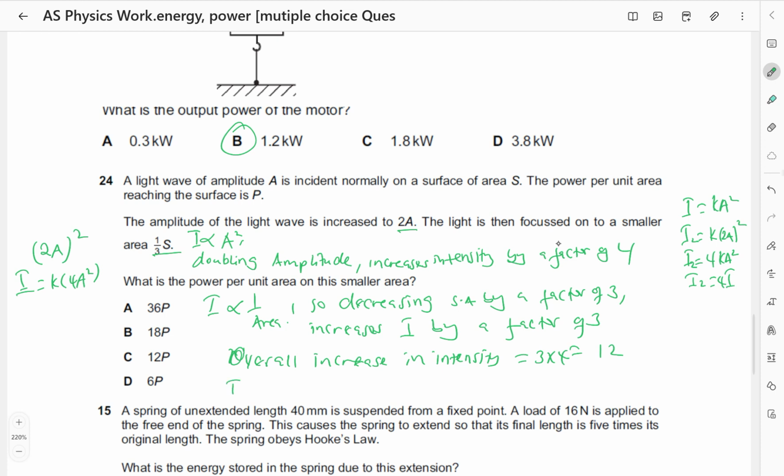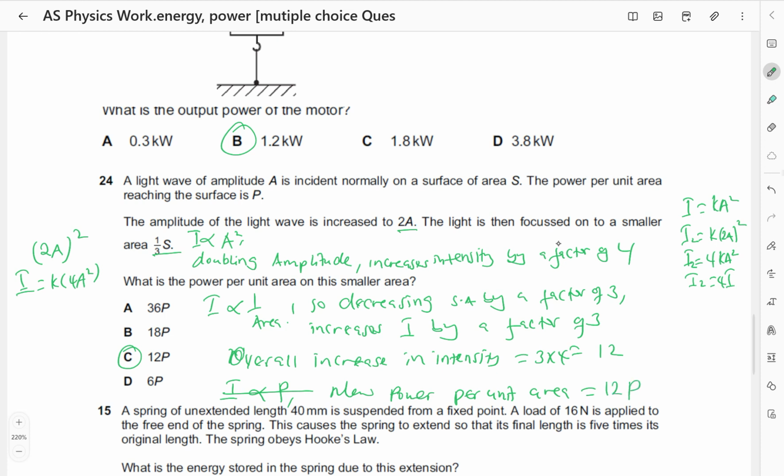But also remember, intensity is directly proportional to power. The power per unit area reaching the surface is P initially. So the new power per unit area will be equal to 12 times the first power that we had.